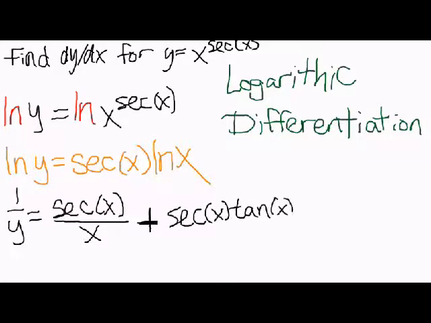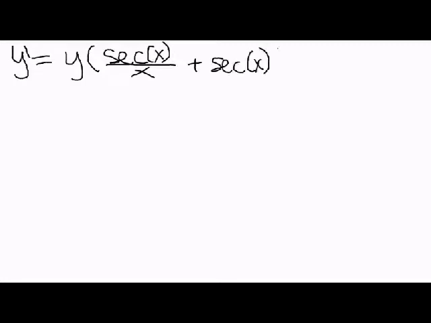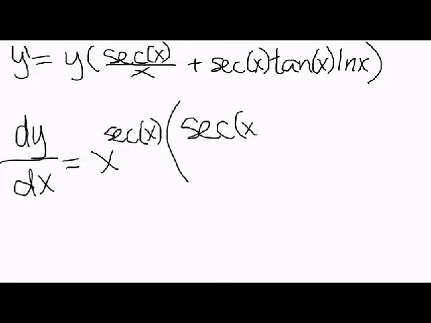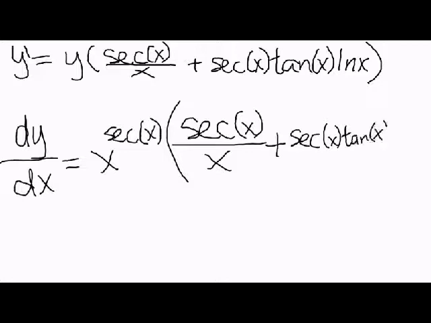Secant of x, tangent of x, natural log of x. Now, since we have y prime over y on the left, we multiply by y, and we result in x to the secant of x, all distributed to secant of x over x, plus secant of x, tangent x, natural log of x. And that is y prime, which is also dy dx.